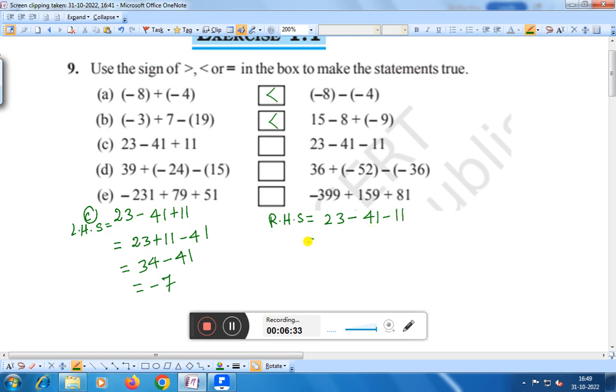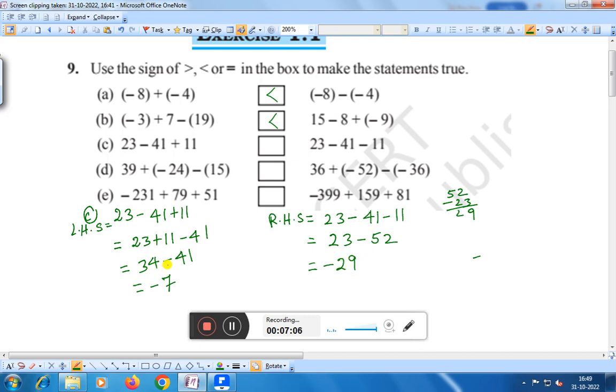That is equal to 23 plus 11, 4 plus 1 is 5, 5 minus 2, that is equal to minus 52 minus 23, that is minus 29.